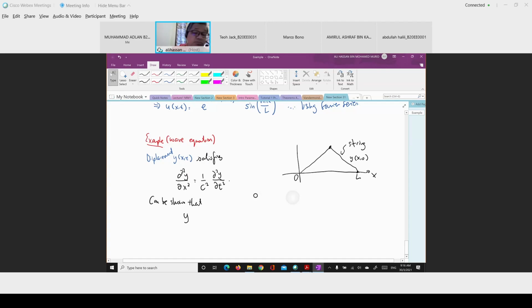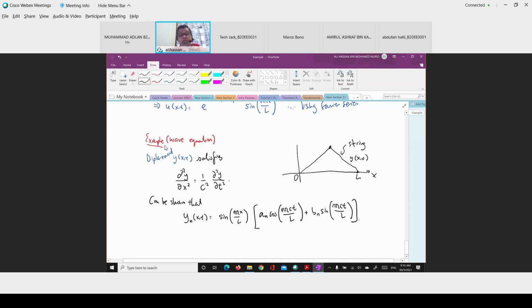has the form of y_n(x,t) equal to sine(n pi x over L) times this function: a_n cosine(n pi c t over L) plus some coefficient b_n sine(n pi c t over L).